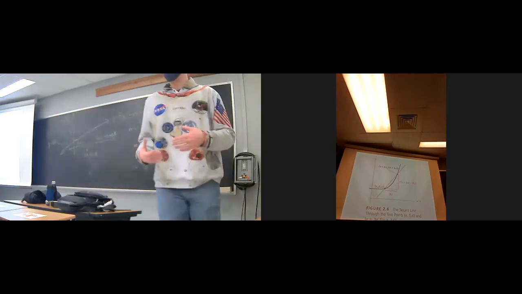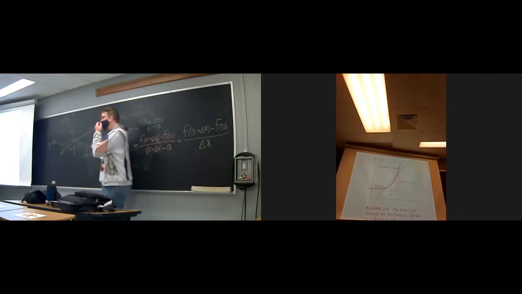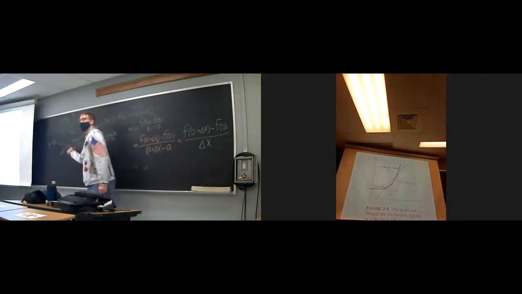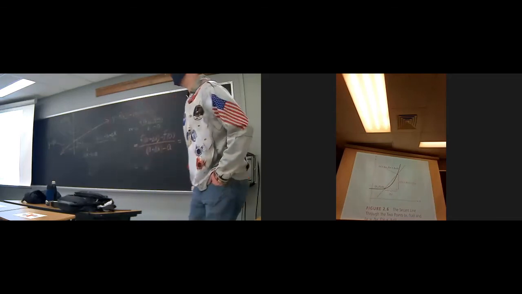Now, what happens if we bring in b? What happens if we take the point x equal to b and move it closer to a? What would happen to all of this up here? Your secant line would get more narrow.